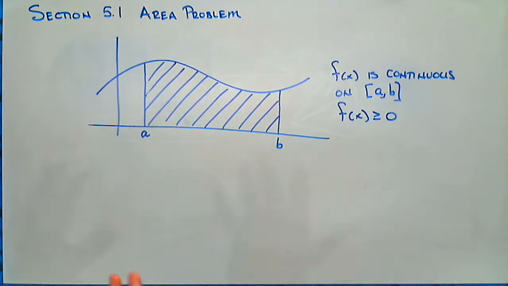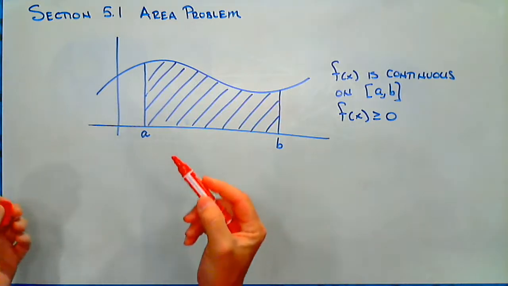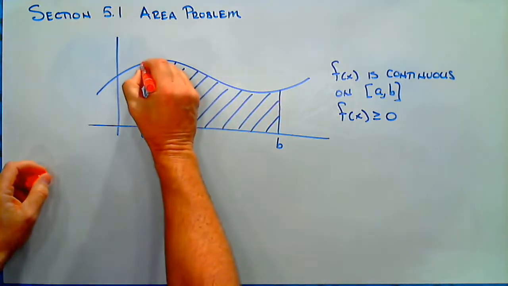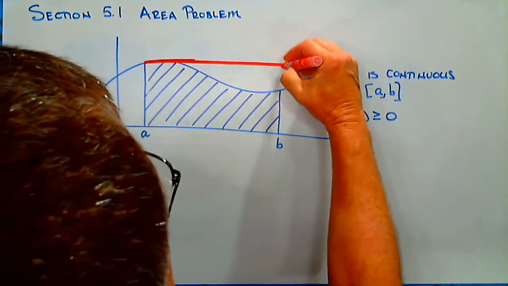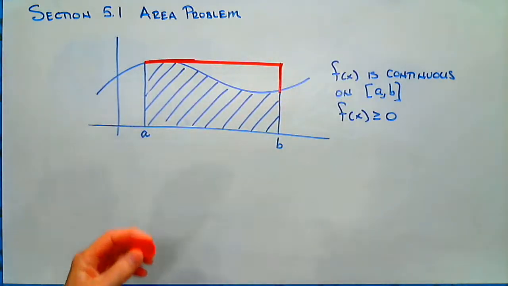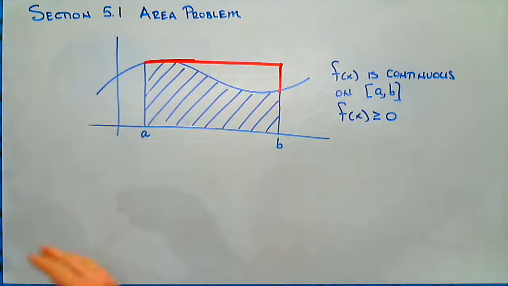So let's take a look at this picture and let's just ask ourselves some questions about this, right? For example, if I just chose an endpoint, and in this case I'll pick A, and I made a rectangle, we all know the area of that rectangle is not the same as the area that we shaded in under the curve. We can see that.